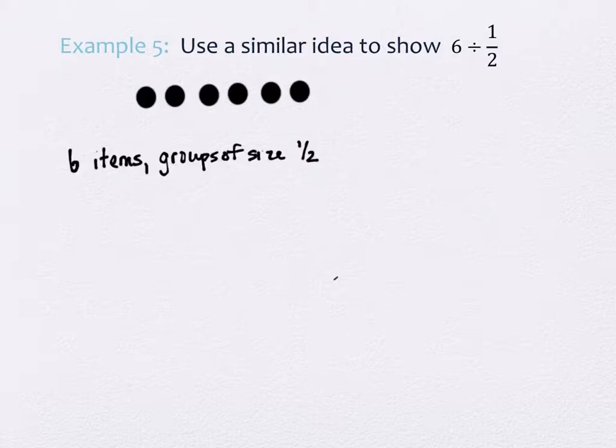Well, I can do that. Imagine that they're cookies, right? What would I do? I would just cut the cookies in half, right? So there are 12 groups of size 1/2.